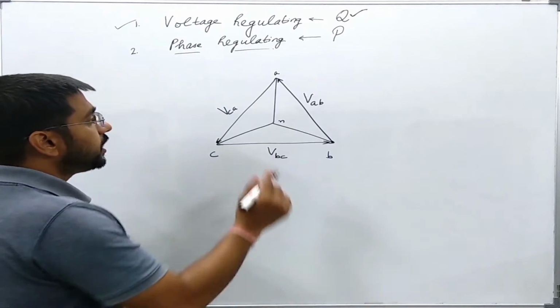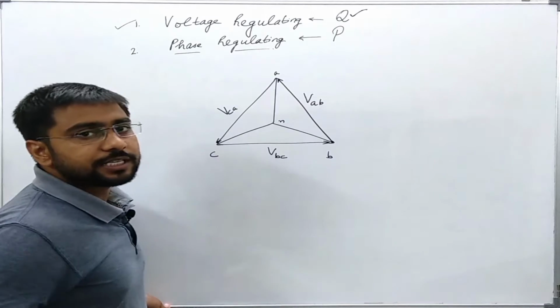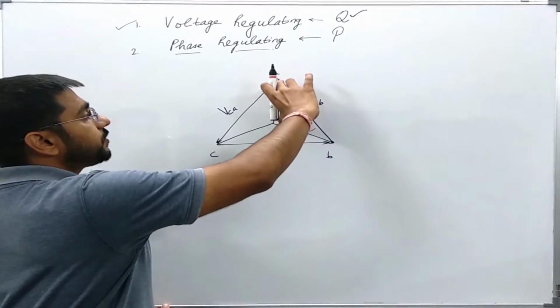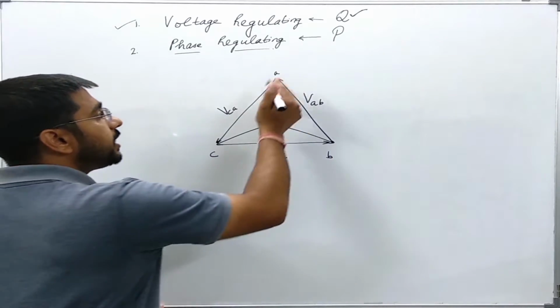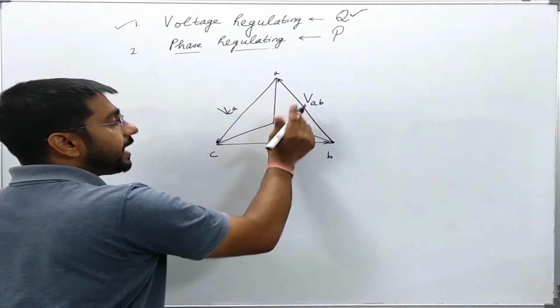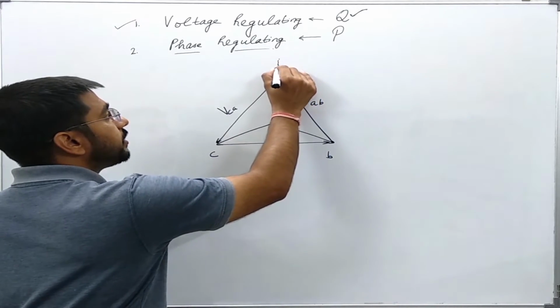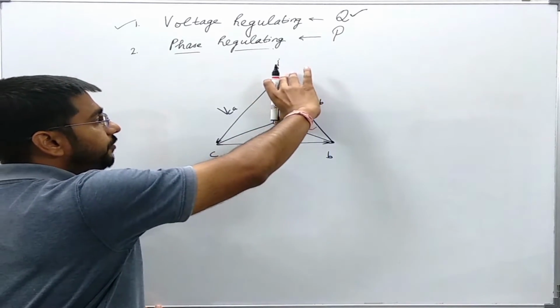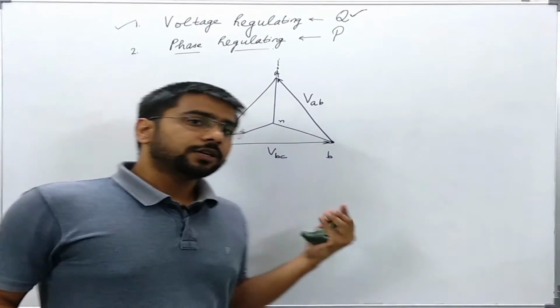You see, let us say I am trying to change the phase angle of this phasor VAN. If I add or subtract any quantity which is in the direction of the phasor itself, it will change the magnitude, the phase will not be changed.